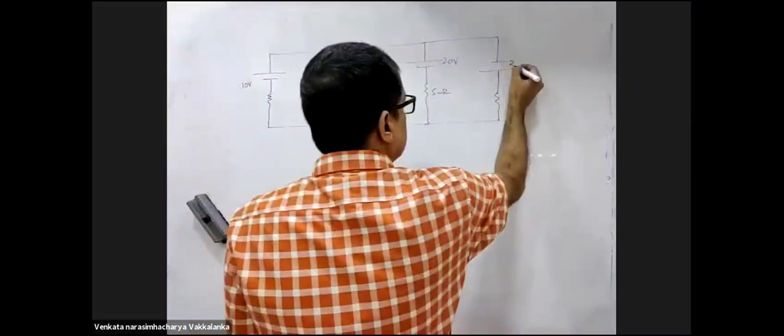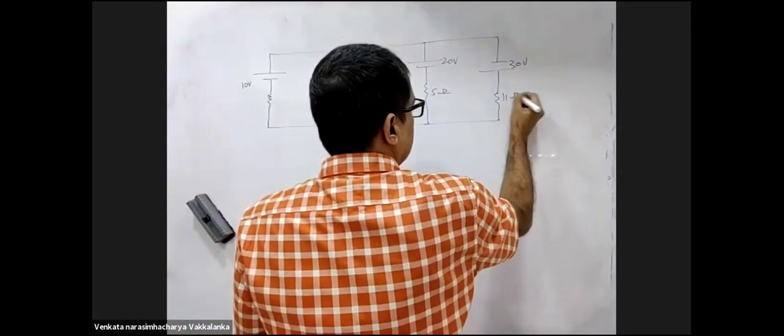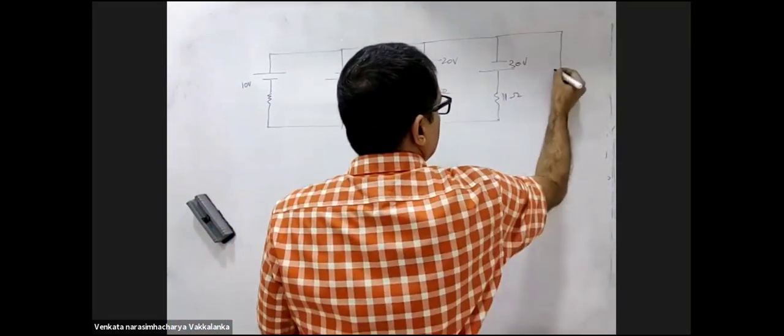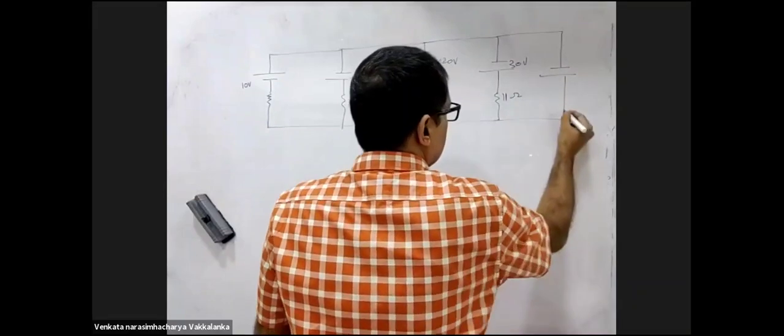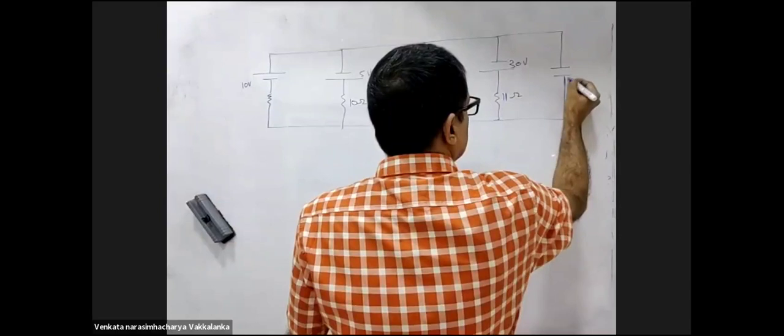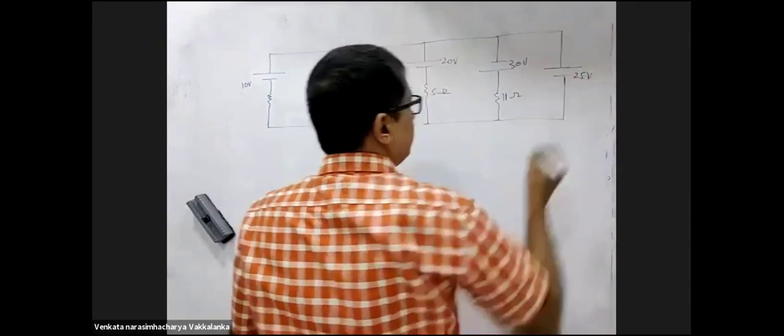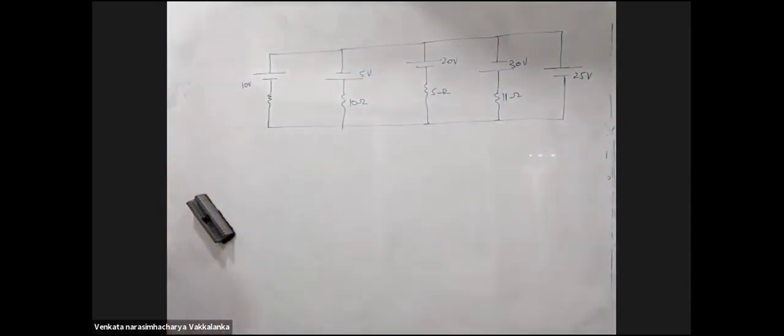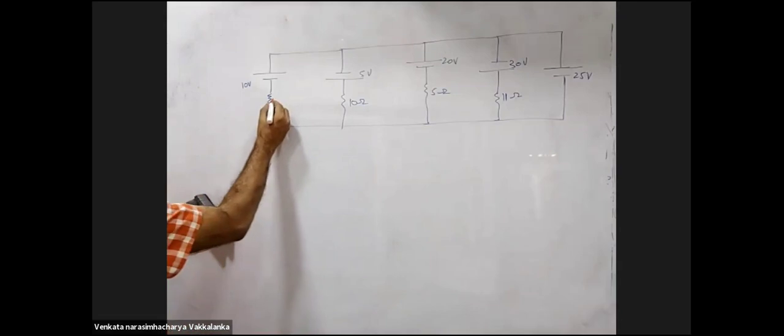That's a 30-volt battery and 11 ohms. And here you have a 25 volts battery. He wants the current through the 25 volt cell. Right? Hope I have taken the polarities correct.